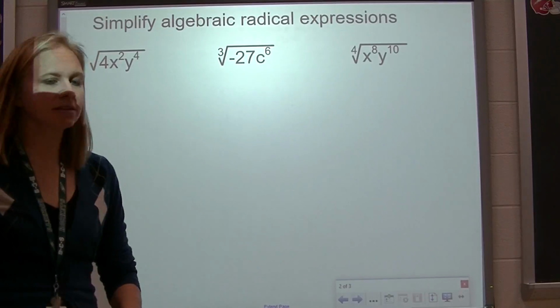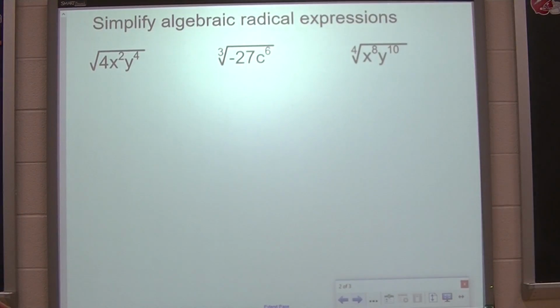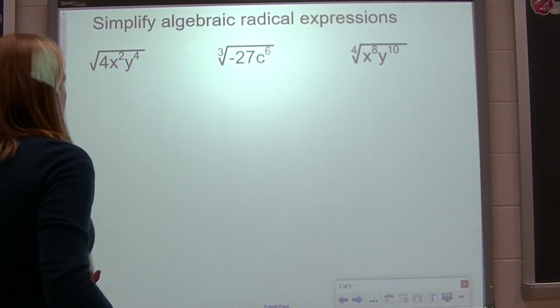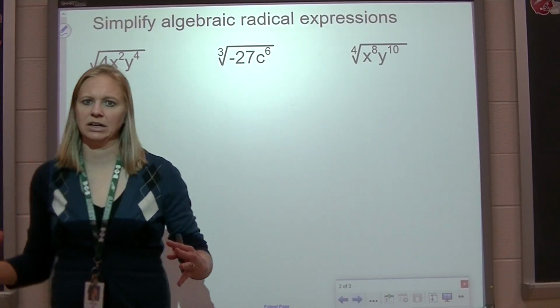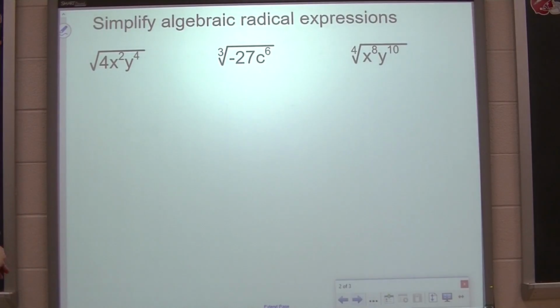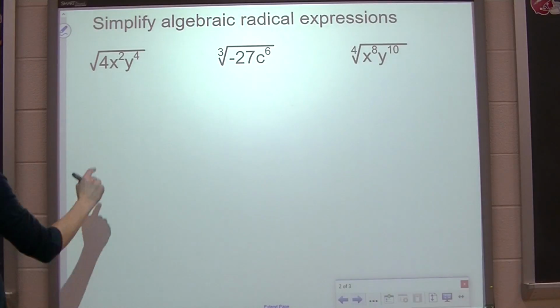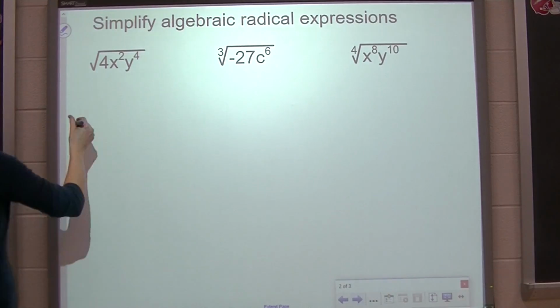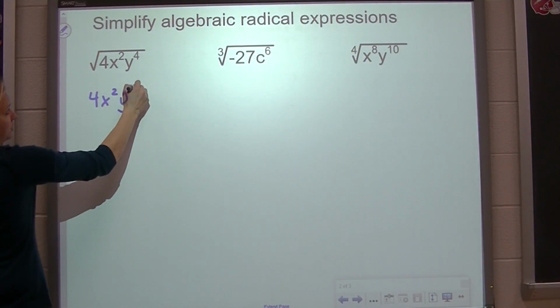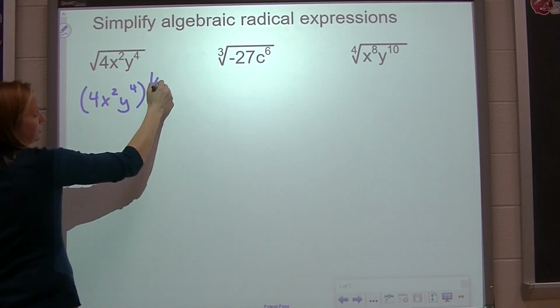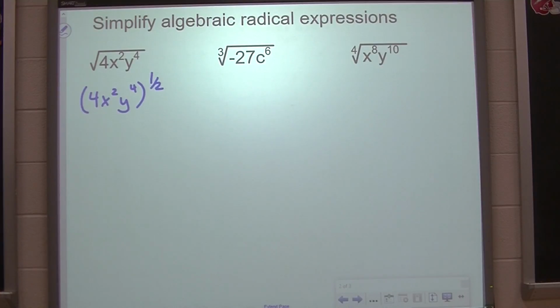Now these you can't type in your calculator because there are variables. So with this, we have to break it apart and simplify each piece. This is a square root, so basically everything is in here. We could rewrite it and apply our rules of exponents. So all of that is raised to the 1/2 power.